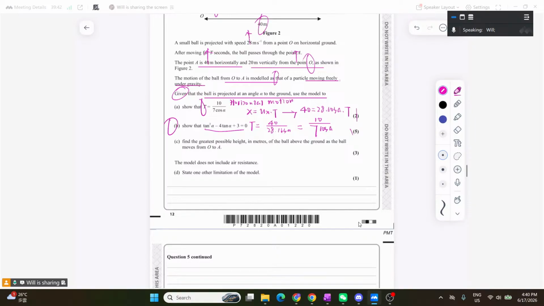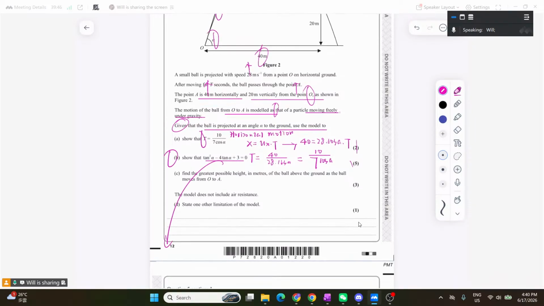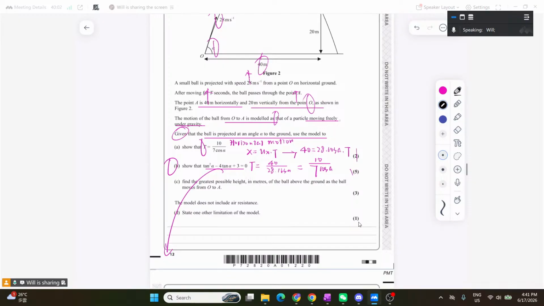For this form, how to establish it? Well, from the graph, we already know that in the vertical direction we have uniform acceleration motion, so we can use the vertical component.